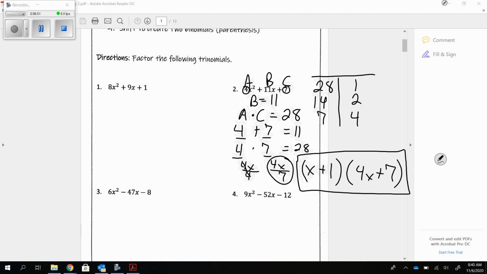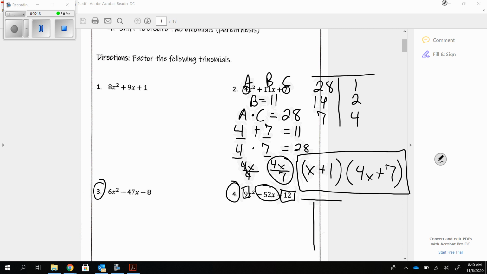Now, sometimes you got to make notes. Sometimes it could be negative numbers, like we see number 4 and number 3 are negative. So you also do negative multiples just to find out what can add up to, let's say, for example, negative 52. But can also multiply to be 9 times 12. And just to give you a little hint, I'll actually do the chart for number 4 for you.